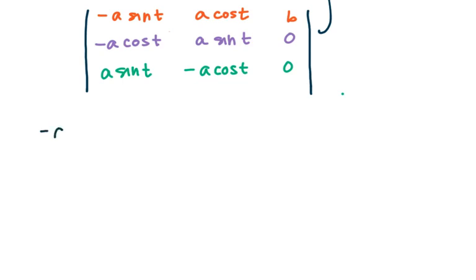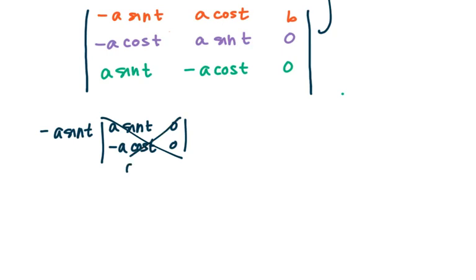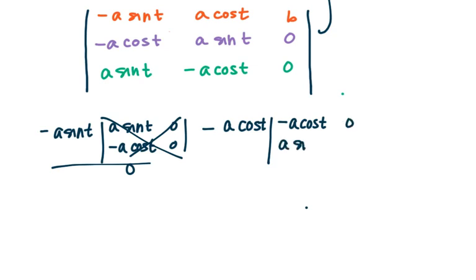I'm going to have negative A sine t times the determinant A sine t, 0, negative A cosine t, 0, and both of those crosses are going to give me 0, so A sine t times 0, that's gone, minus A cosine t, the second one's always a minus, I have negative A cosine t times 0, A sine t times 0. Again, when I calculate that 2 by 2 determinant, I'm going to get 0, and 0 times A cosine t is going to be 0.